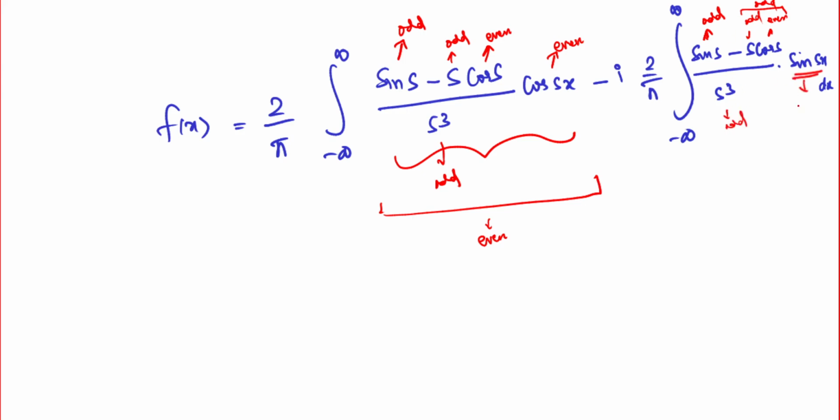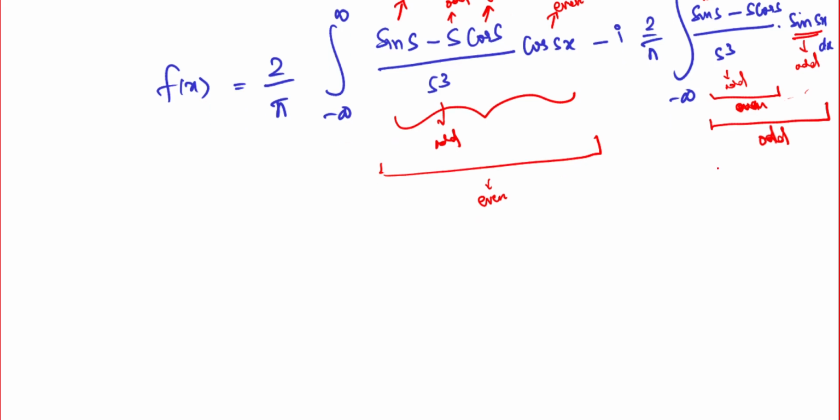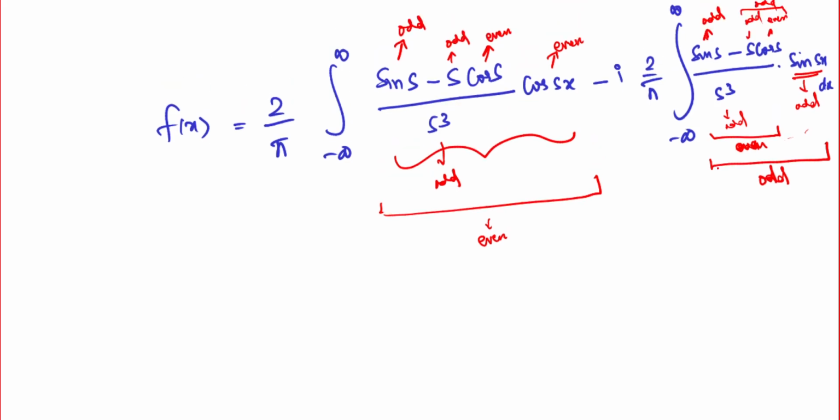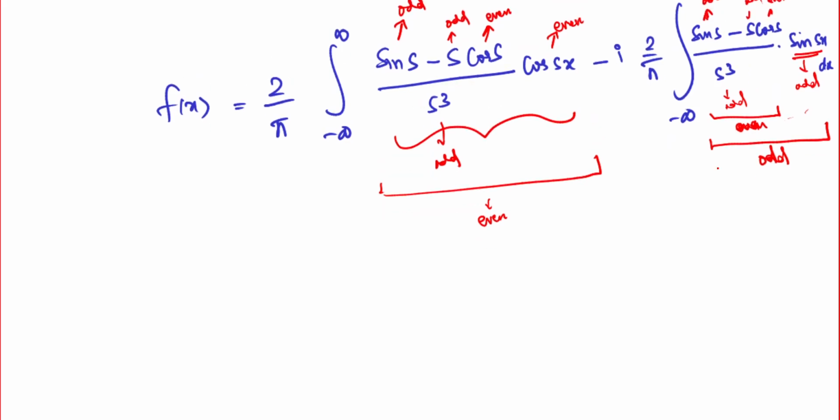But this term, which was an even function, gets multiplied with an odd function, so altogether it will become an odd function. Hence, since this integration is from minus infinity to plus infinity, I can right away write this complete integration goes to 0.